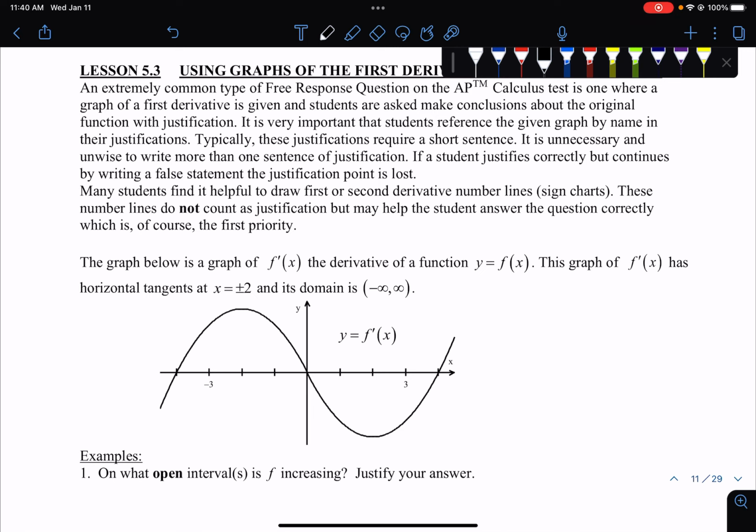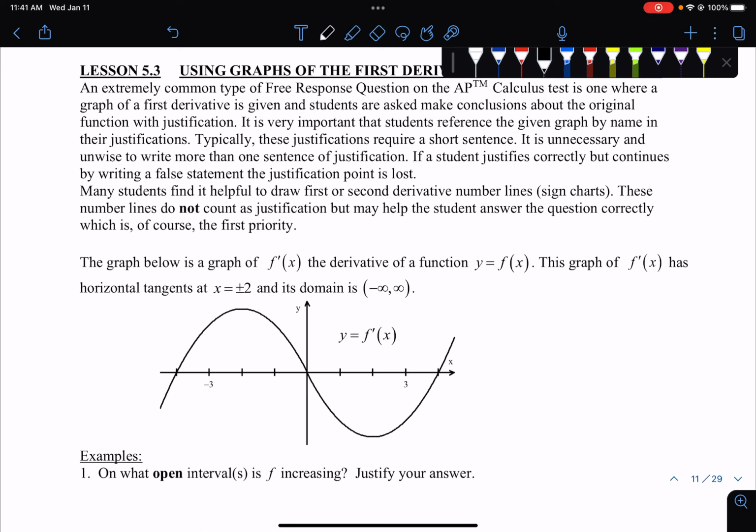Okay, a couple of things stand out here that I want to emphasize maybe more than the others. First of all, justifications need to be short. If you are writing more than one sentence, you're probably going too far. Explain what you need to explain and be done. What happens a lot of the time is you get wordy and you feel like you need to add more and more information. You don't.